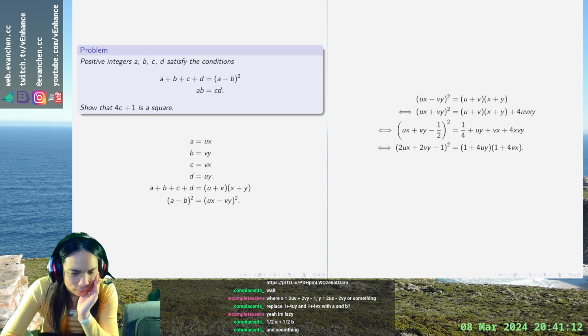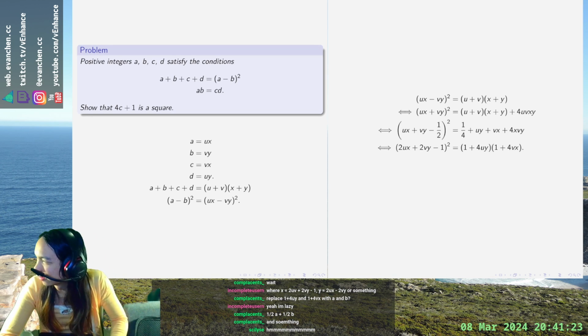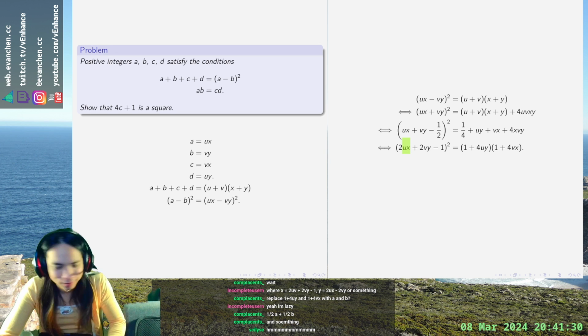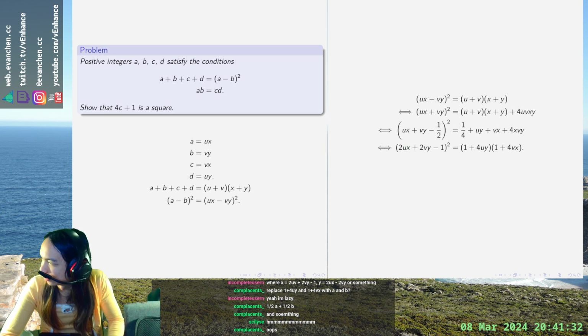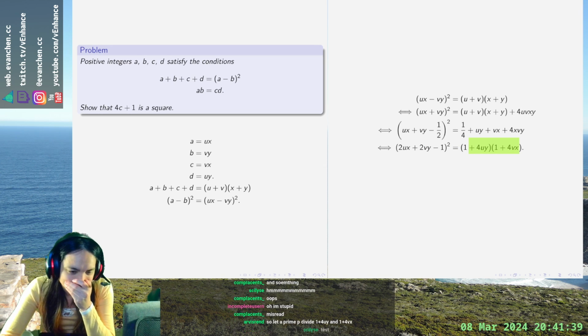Wait, what? No, U is paired with Y on this side, and U is paired with X on this side, right? This thing is not the average of these two things minus 2. That's just not true. I think I actually need to pretend to do any amount of number theory.